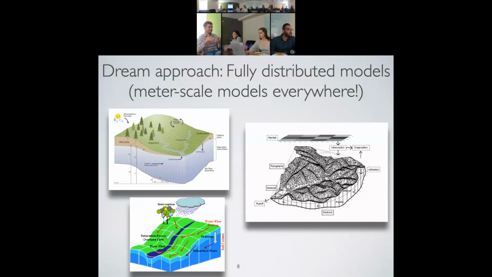We want something simpler. That doesn't mean there isn't a role for this, right? A lot of the parameterizations that we develop, we're going to use these types of setups to check whether our solutions converge on that. So I still am going to use the same data that they're using, but that doesn't mean I want to use this exactly in my Earth system model. Does that make sense? Any other questions about this?